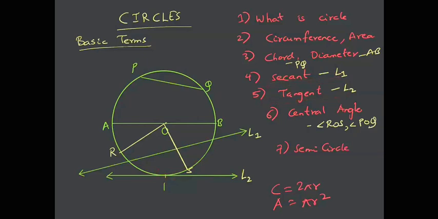Now, what is an arc? Any part of the circle is called an arc. Say RS, this is an arc of a circle. Say PQ, this is an arc. Say PB, this is an arc. So arcs are denoted in this fashion. This is the notation for arc RS.